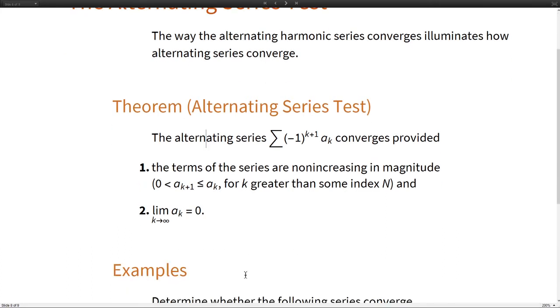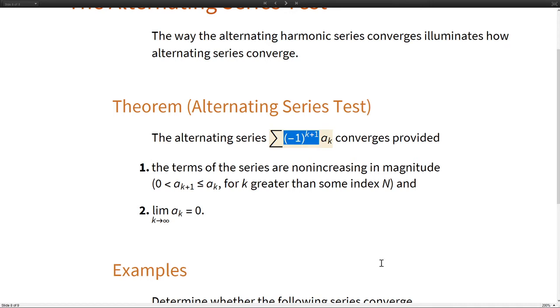The first thing we need to know is that the sequence of terms that we're adding up, if we ignore the alternating bit right here, decrease in magnitude. First off, they're all positive numbers, so it should be an alternating sum and difference of positive numbers. And then we want to know that each number is smaller than the previous one.